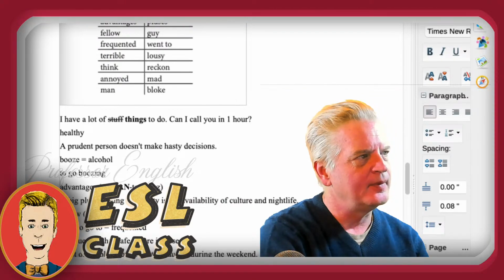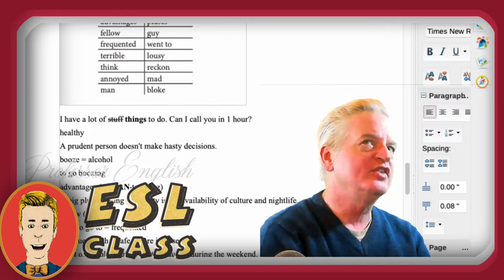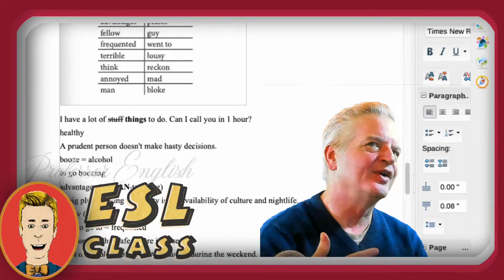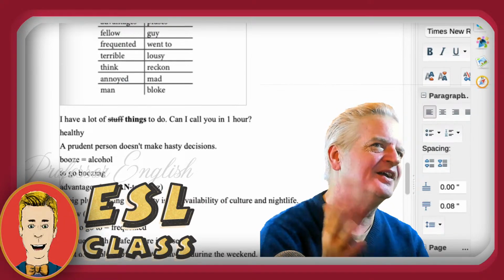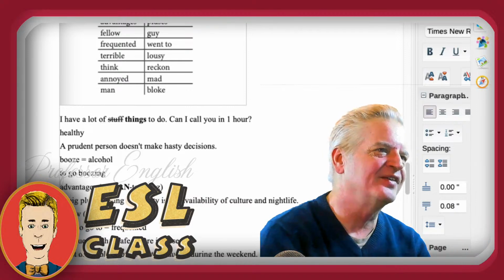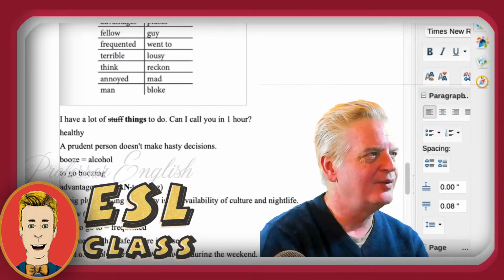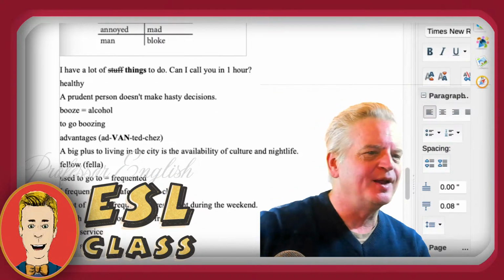Another word pair from that book was annoyed and mad, which is funny because in the UK, mad usually means crazy, and in North America, mad usually means angry, but this book from the UK is putting annoyed and mad together. But yeah, they're synonyms. You can use either one. And finally, the last word pair is man and bloke.